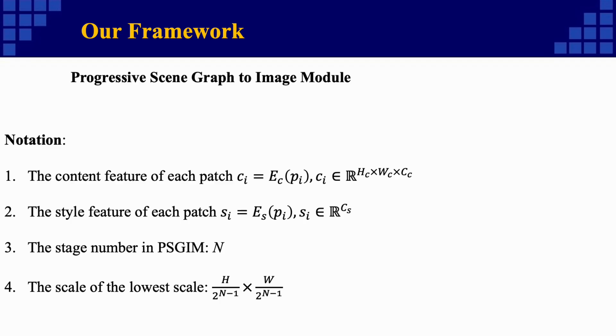The output content feature Ci is used as a generated input to provide the structure information of object Oi in the generated image. The output style feature Si is used to modulate the content feature to have a unified style with the other object groups. Our generator has a hierarchical structure with n output scales.